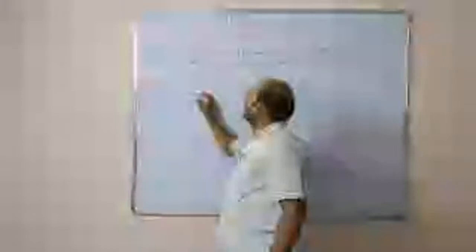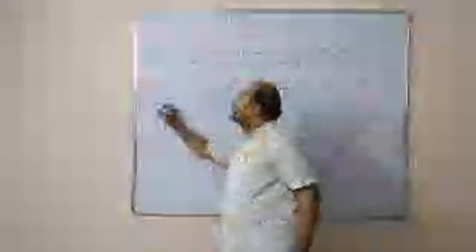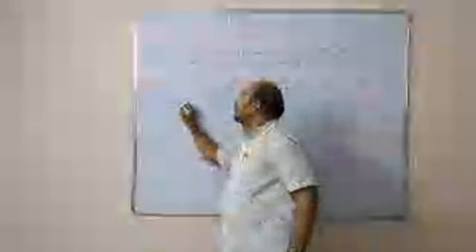We move on to here. Sin of alpha plus beta equal to 1, sin of alpha minus beta equal to 1 by 2. Sin alpha plus beta is equal to sin 90. Sin alpha minus beta is equal to sin 30. So alpha plus beta is equal to 90, alpha minus beta equal to 30.